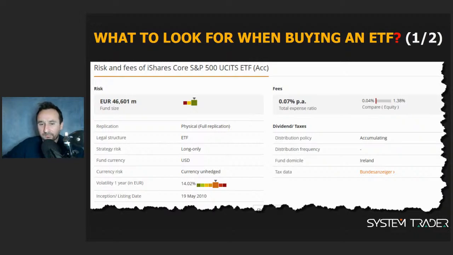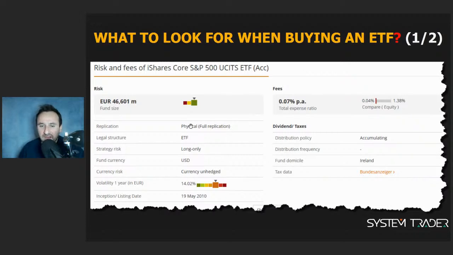So again, know what you're doing and what you're buying, because if for some reason you don't want to have a synthetic replication, you should check it before buying such an ETF.